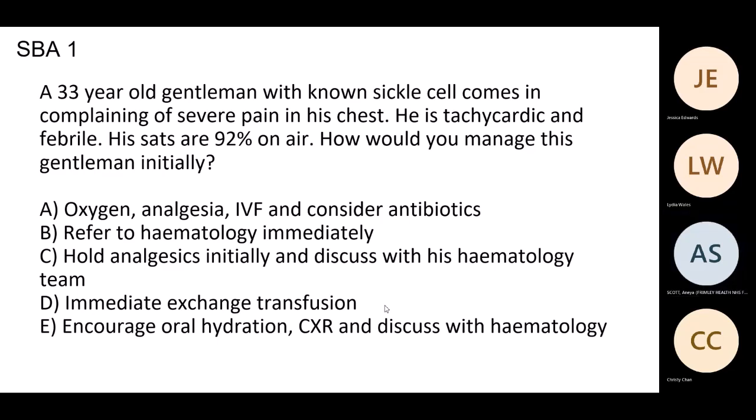Fab. I think you're both pretty speedy on that one, so I'll stop the poll. And you're right. You're going to give oxygen, analgesia, IV fluids, and consider antibiotics. Then obviously you would want haematology team input, but a bit later after you've done the initial stuff. It's a bit of a controversial thing in sickle cell. A lot of people are reluctant to give analgesics, and there's been a big push to move away from that.